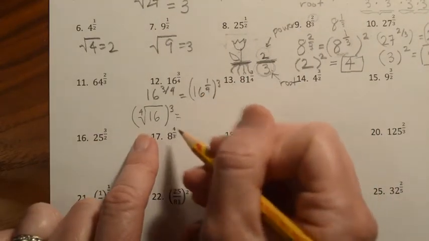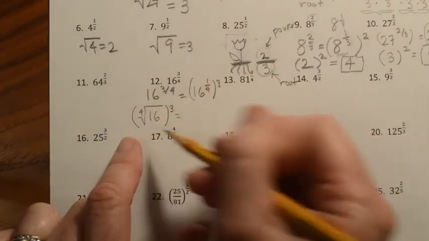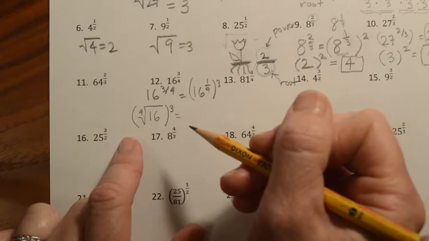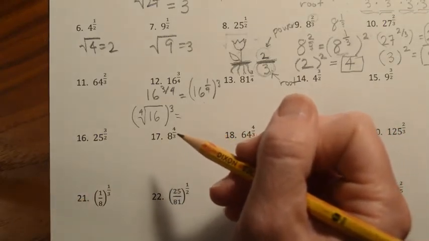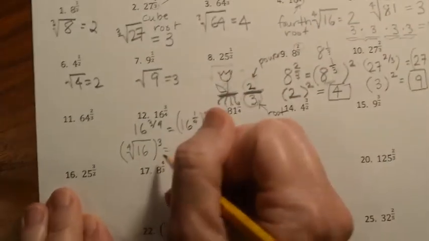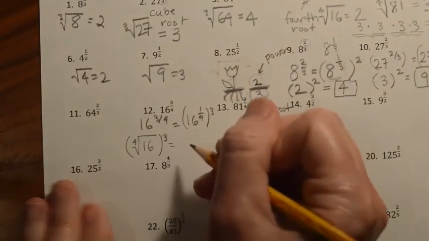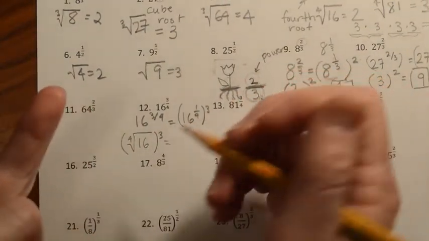All right, so the fourth root of 16, either reading it this way or this way, think about that for a second. You should know that from problem 4 because we just did that. The fourth root of 16 is 2. If you forgot that, then again, just start counting by 2s is your first choice.